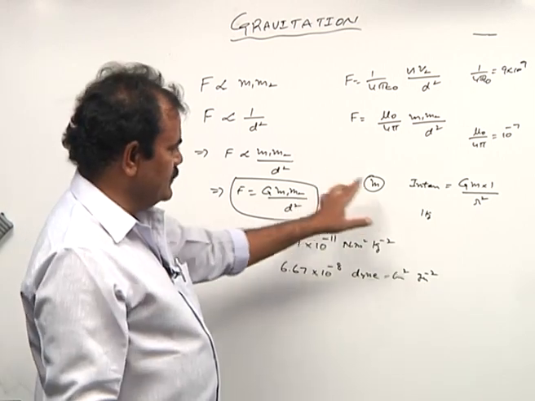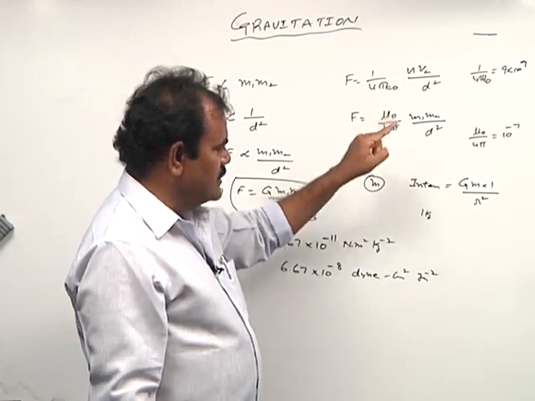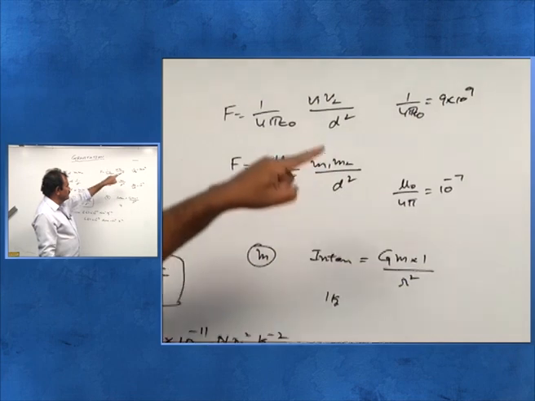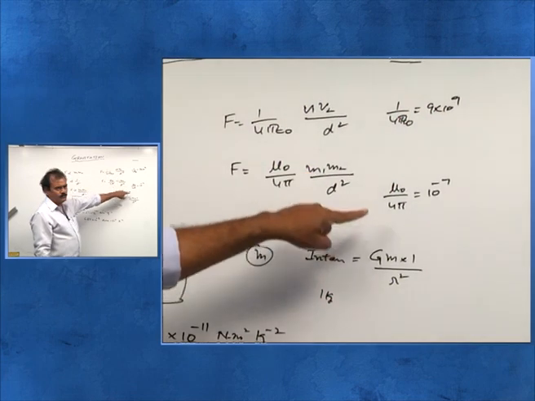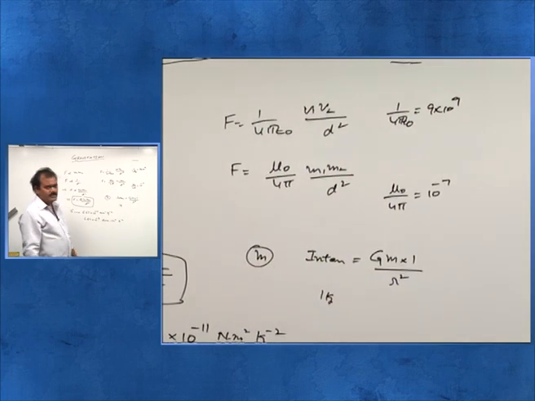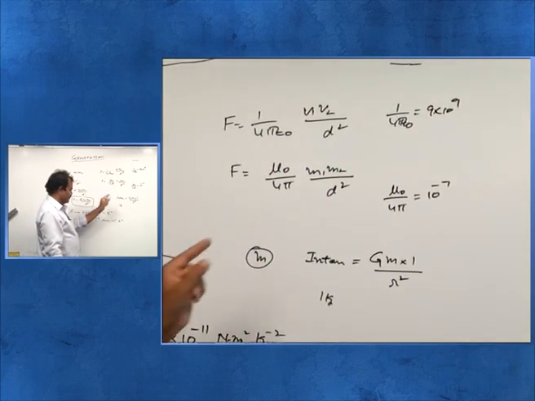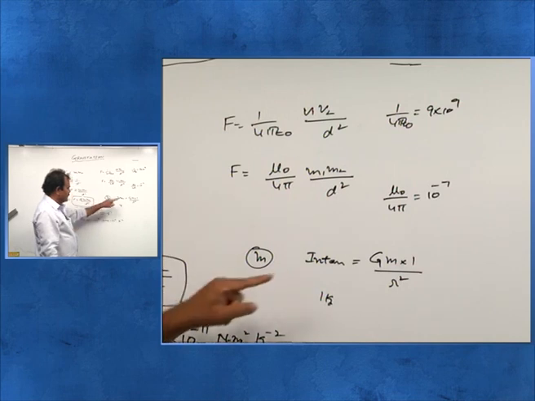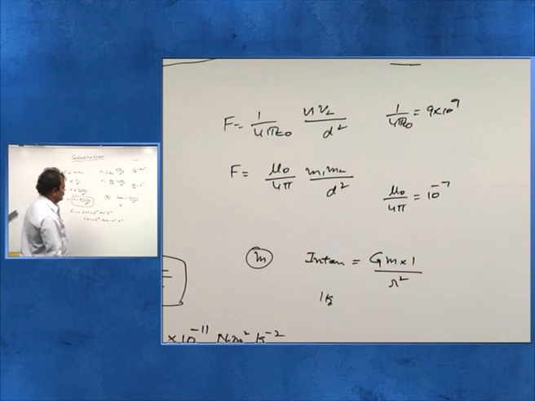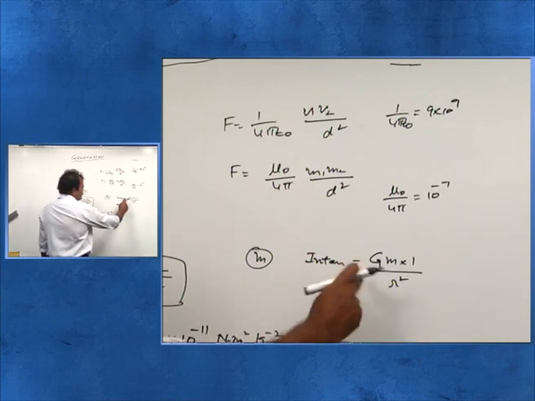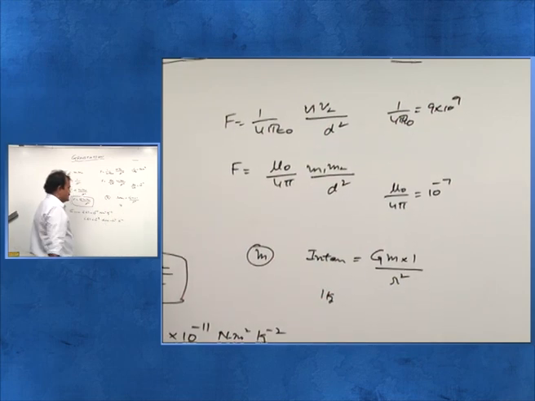The concept is the same: the force experienced by the unit mass, the force experienced by the unit positive charge, and the force experienced by the unit north pole. So the force experienced by the unit mass placed at any point in the gravitational field is the intensity of gravitational field at that point. So I, the intensity of gravitational field, is equal to GM by r square.